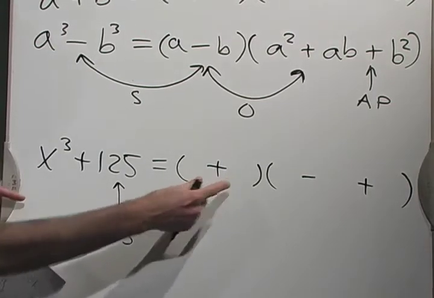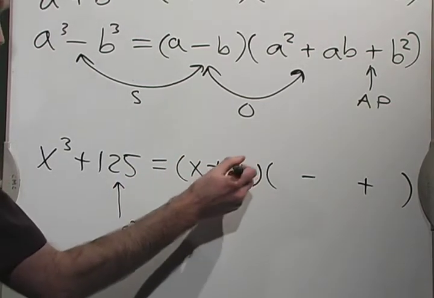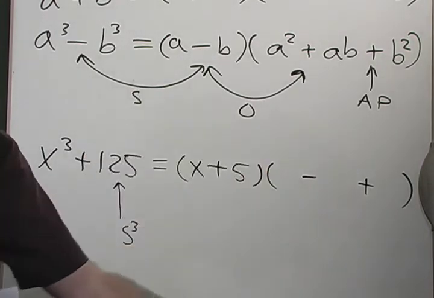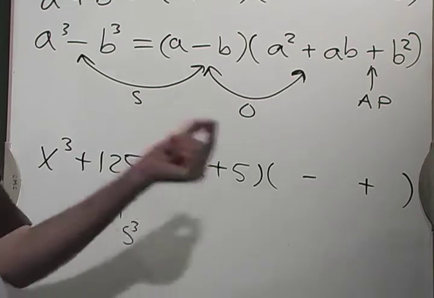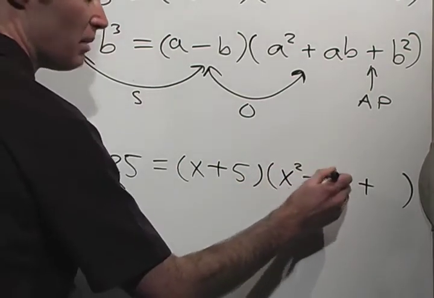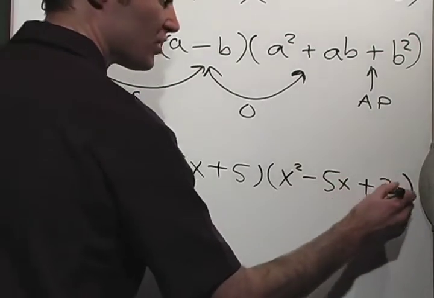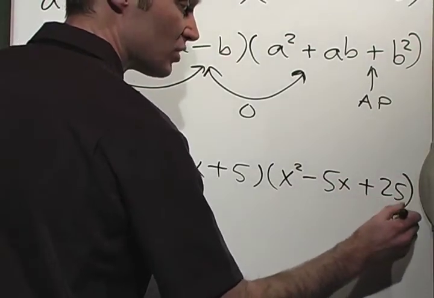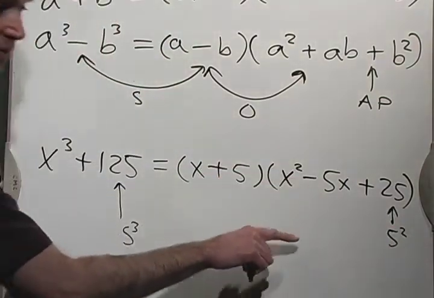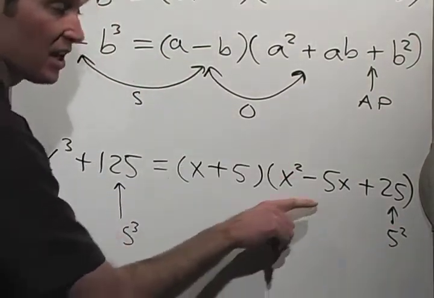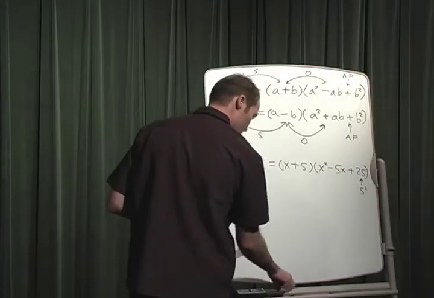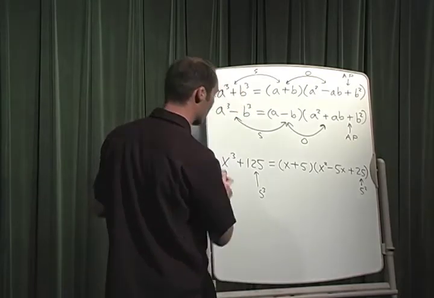What I'm going to have here is x plus 5, and then what I have in the trinomial is descending powers of x and ascending powers of 5. So it's going to be x squared minus 5x plus 25, because 25 is just 5 squared. Let me go ahead and clear off some board space and see if we could work out a few more of these problems.